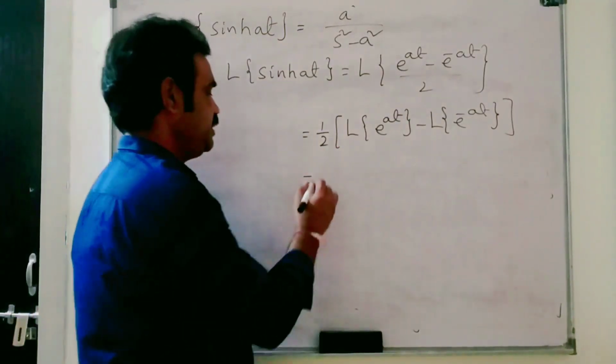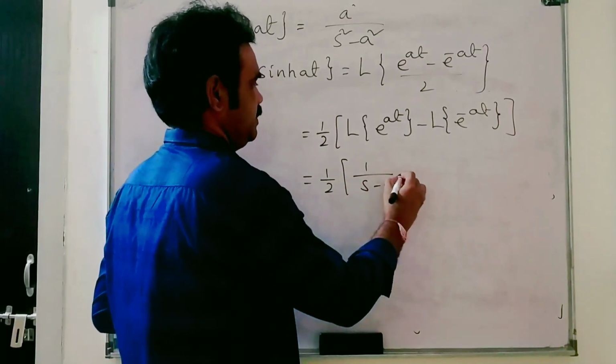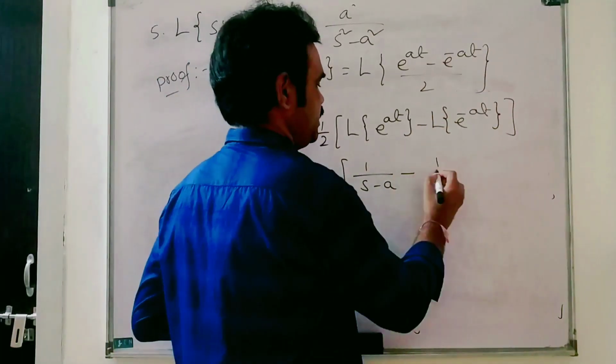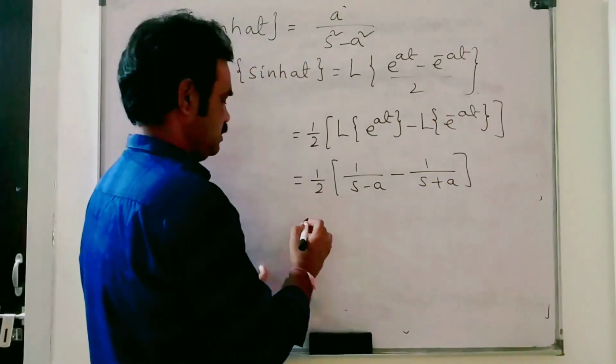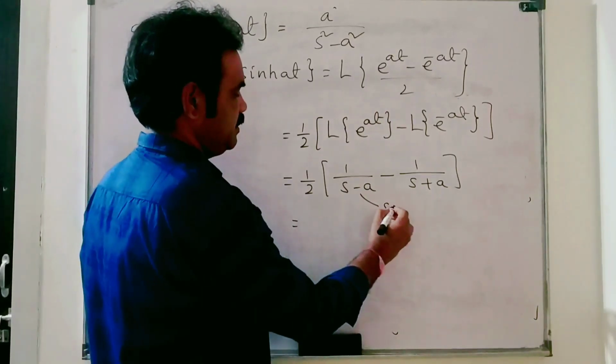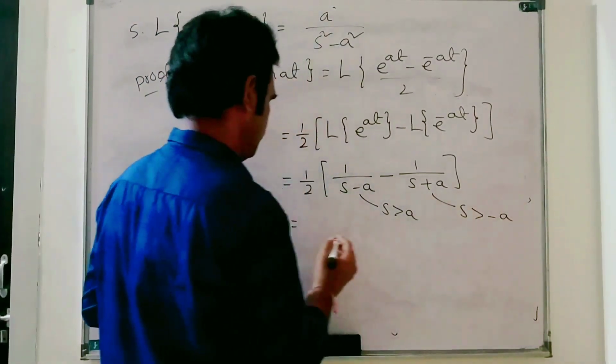L of e power at is 1 by s minus a, minus L of e power minus at, 1 by s plus a. This is for s greater than a and this is for s greater than minus a.